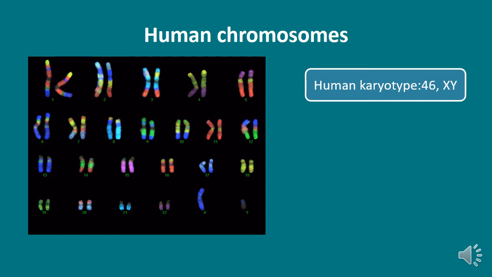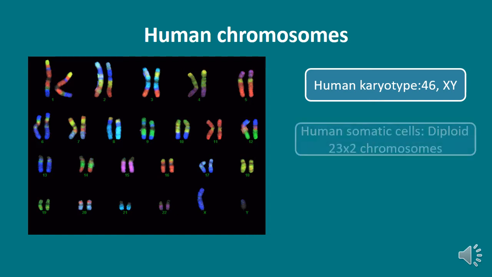Is this karyotype taken from a somatic cell or a germ cell? This is taken from a somatic cell. That is why we can see a diploid number of chromosomes. What is meant by a diploid number of chromosomes? That is, each chromosome is having two copies.